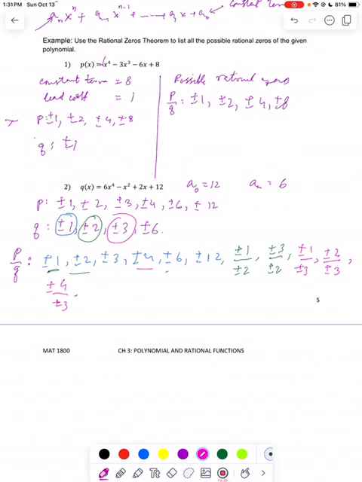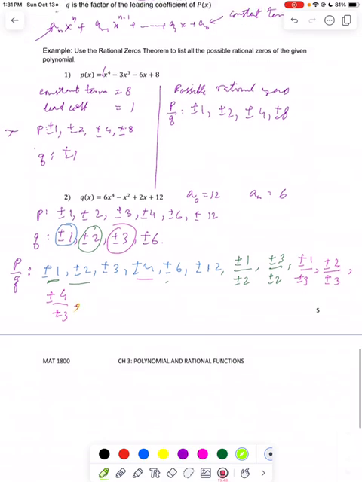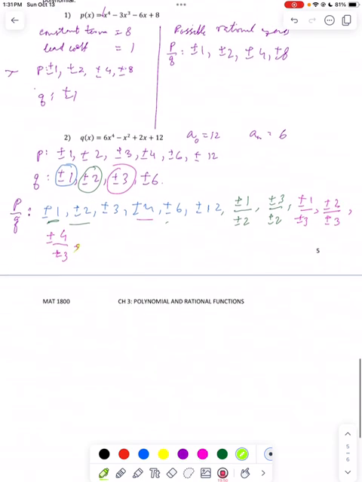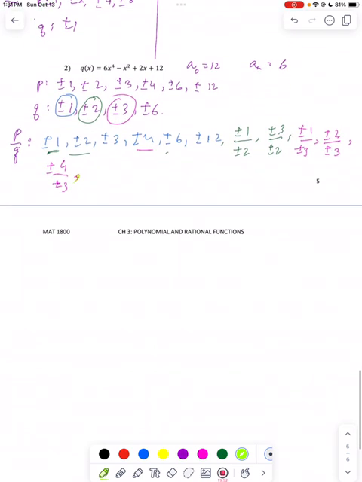Light green. So if I have plus minus 1 over plus minus 6, we don't have that, so we will put it in the list.